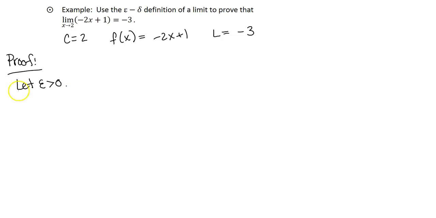And we're going to assume that the absolute value of x minus c, so that's x minus 2, is between 0 and some delta. We'll figure out what that is in a minute.